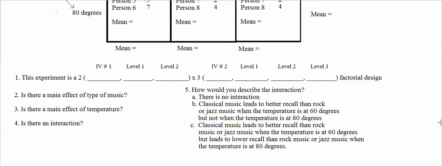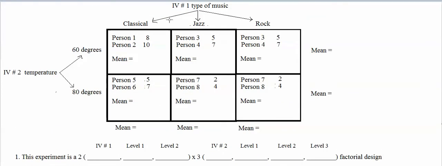To find out if there's an interaction, you can make the same type of graph. But now you have to make 3 tick marks down here for 3 types of music: classical, jazz, and rock. And recall the dependent variable is still on the y-axis.